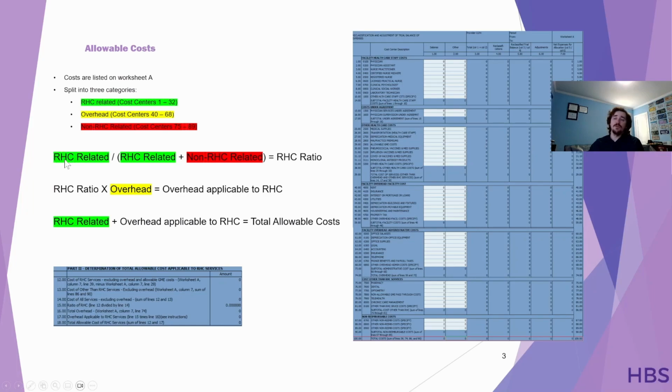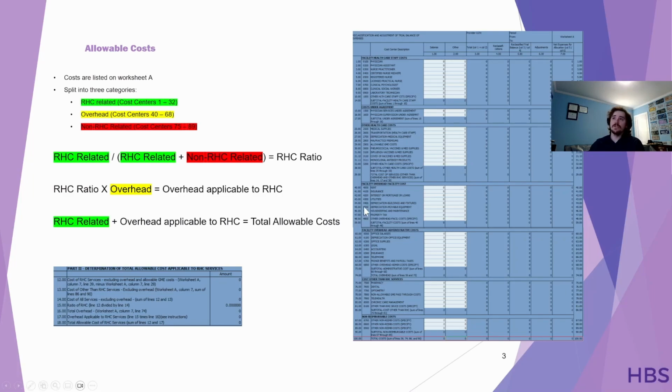Then your RHC related costs are divided across that to give you this RHC ratio, which is an estimated percentage of how much of your costs are related to RHC services. That RHC ratio is then multiplied with your total overhead costs to allocate your overhead between RHC related and non-RHC related. So this amount, which would be the overhead applicable to RHC, is then added to what was initially considered RHC related costs to give us an amount of total allowable costs.